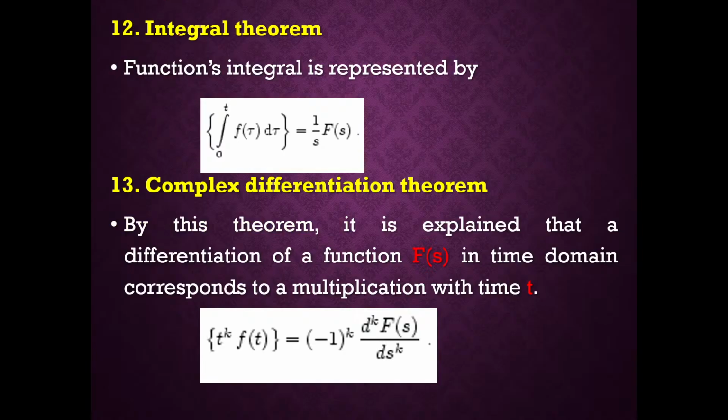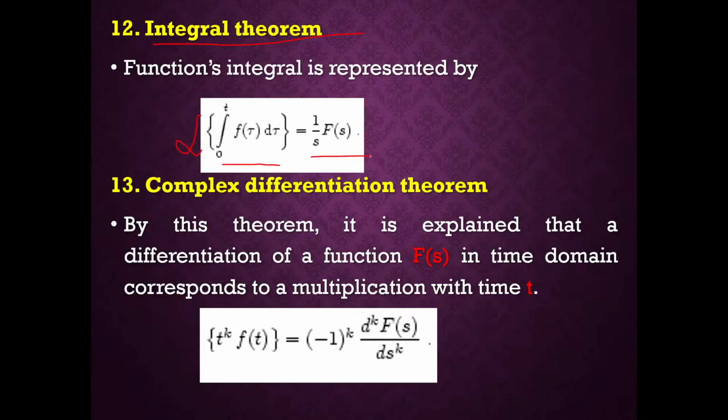Next, integral theorem. If we have a function with its integral, and you want to take the Laplace transform of it, so Laplace of integral 0 to t f of tau d tau will give us 1 by s F of s.